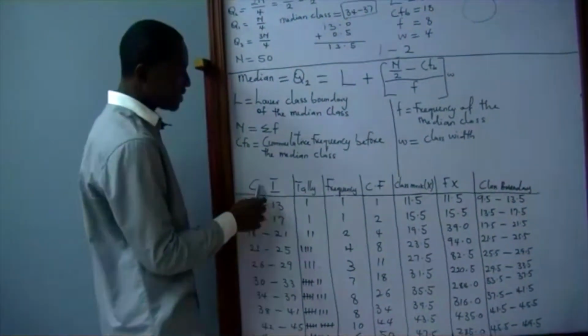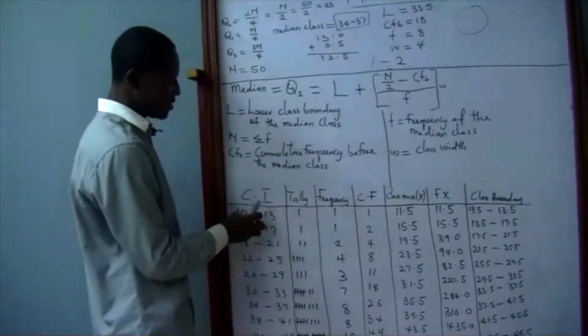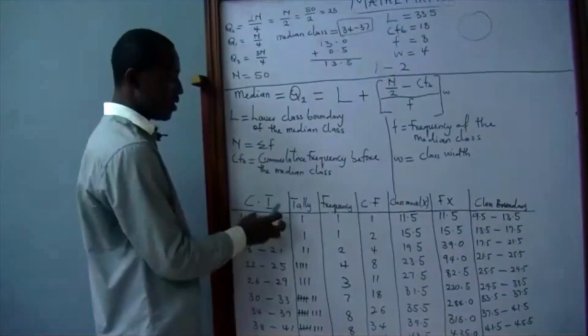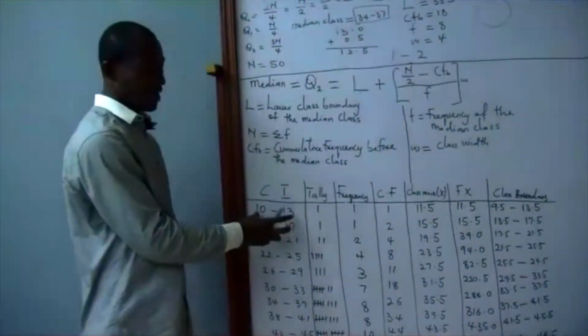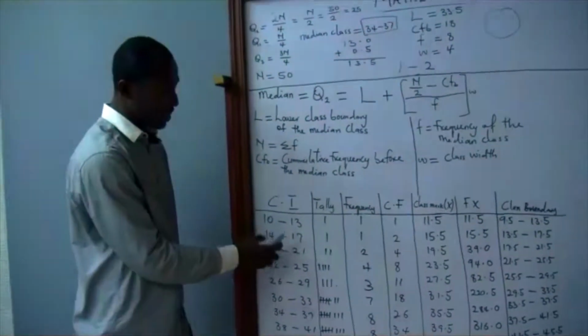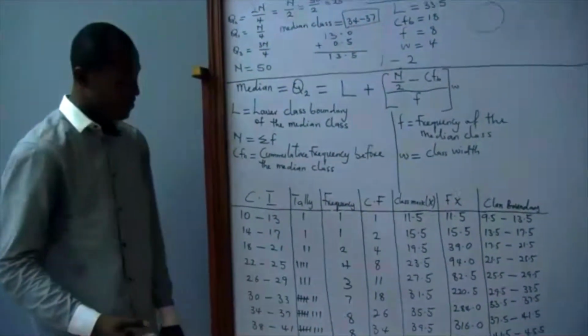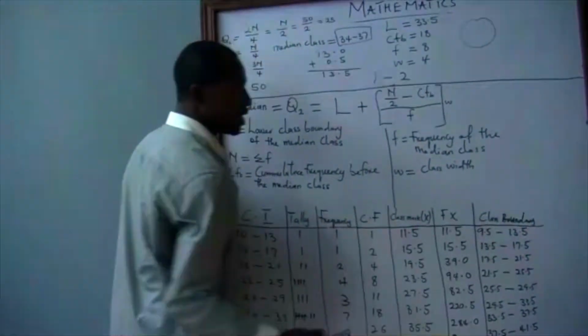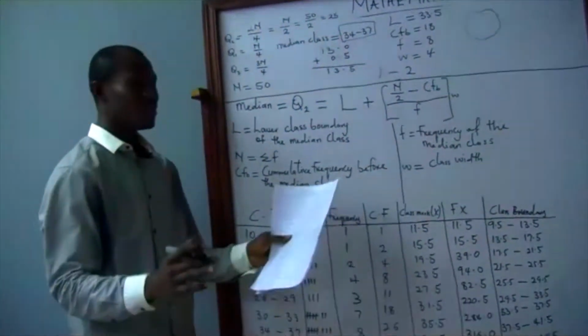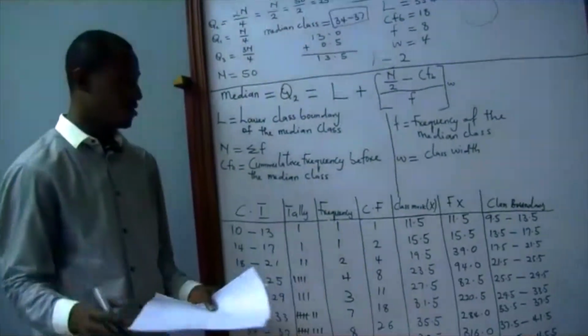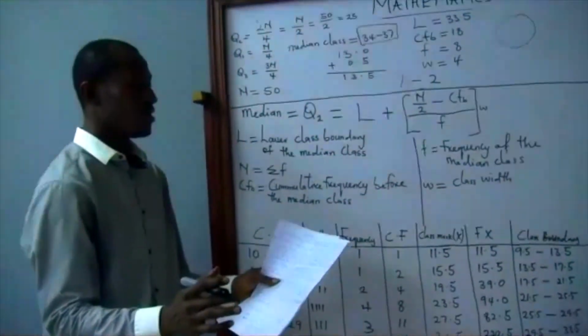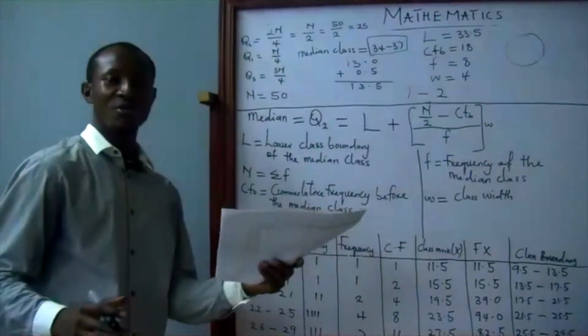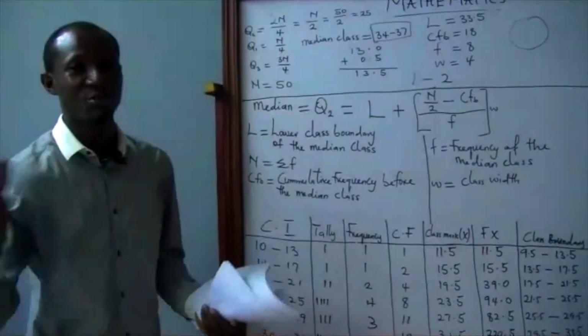Number one, the class interval is telling us the wideness of each class, and we can see that each class has the same interval. Then the class boundary too, we are trying to obtain a boundary, a kind of extreme on this first side and the total extreme on the other side.